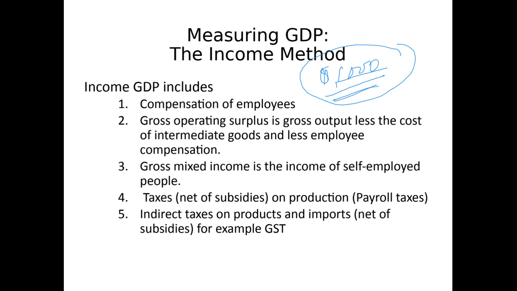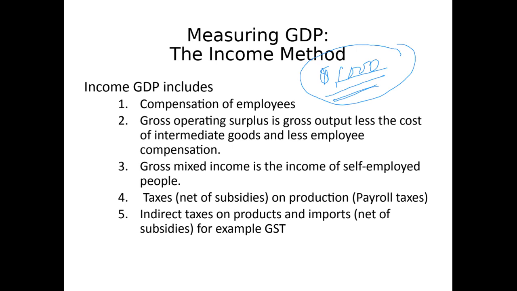Number one, compensation of employees. By compensation of employees, I simply mean wages and salaries, bonuses, etc. So if you are employed and earning income, that income will be included as compensation of employees. The second category is gross operating surplus. This is the gross output less the cost of intermediate goods less employee compensation.